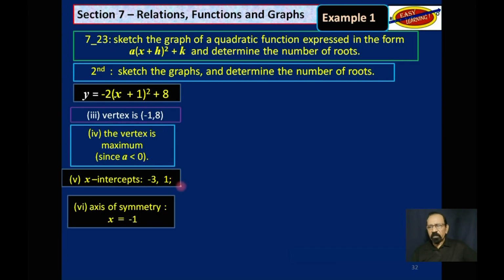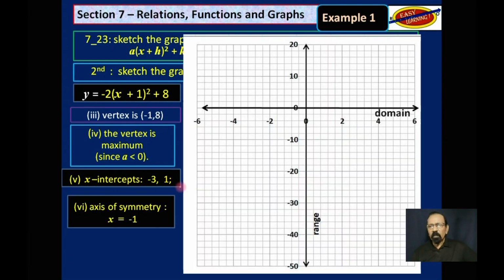So these are the pieces of data that we have. So you get two axes. You may need to make some adjustment of how far you carry each of these axes based on the data you have here. What do we know about this? Well, we know that the vertex here is, so that's the vertex.